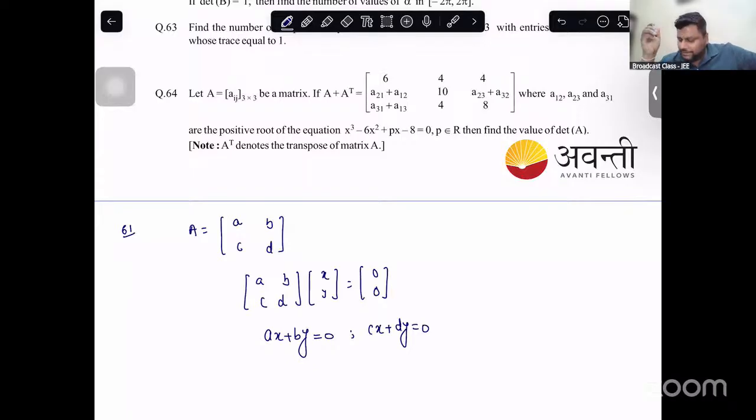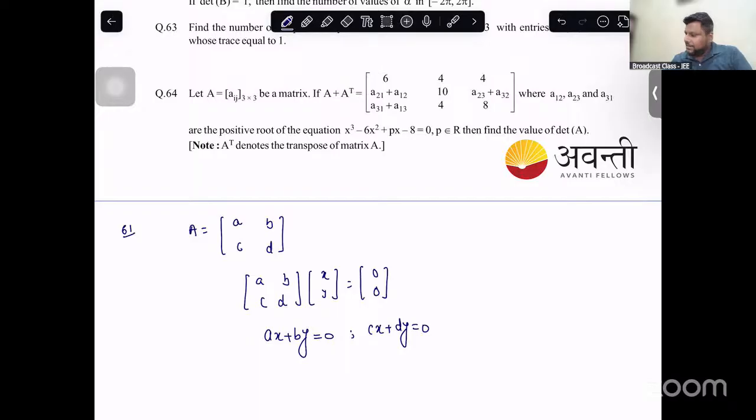Now, if you realize, these are two linear equations. So, two linear equations, either they will intersect at one point and will have a unique solution, or they will be completely overlapping, and in that case they will have an infinite number of solutions. Am I correct?